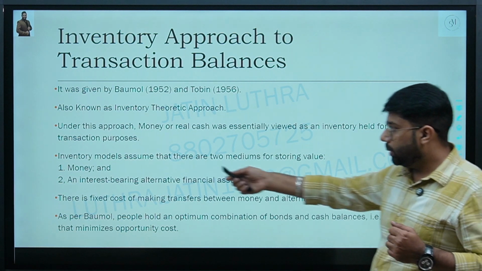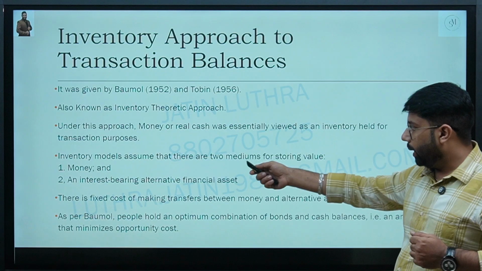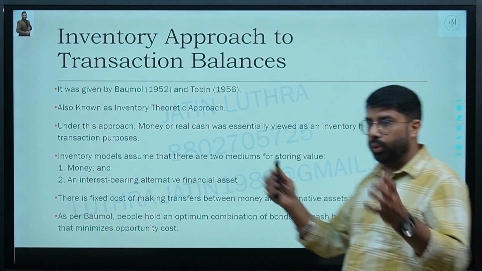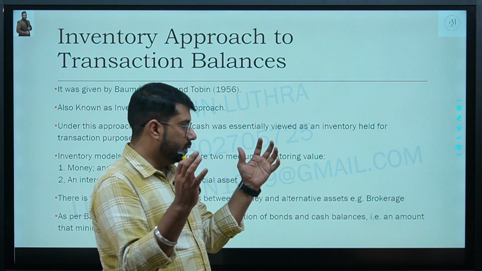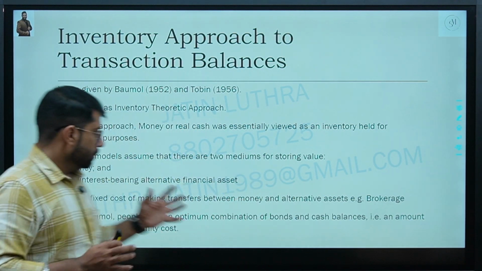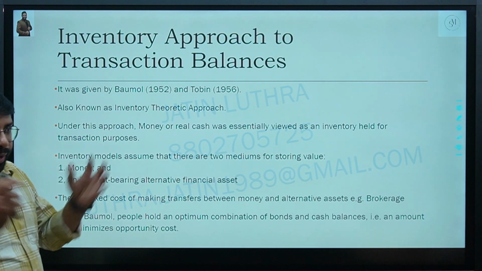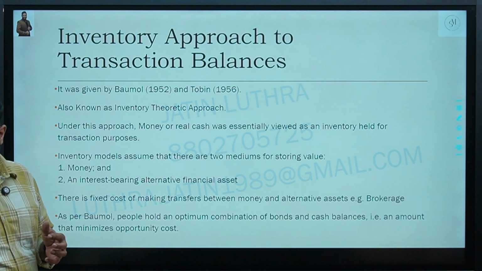The third point says the inventory models assume that there are two mediums for storing value. Inventory means when you stock something. So when you save money, you store the value of money in two ways, right?